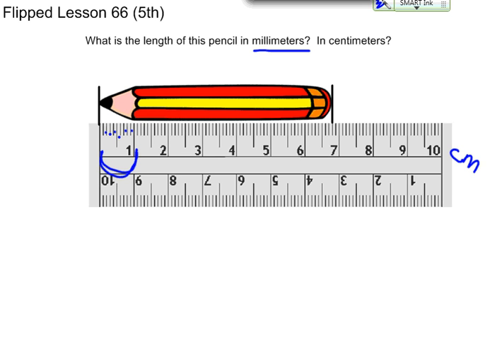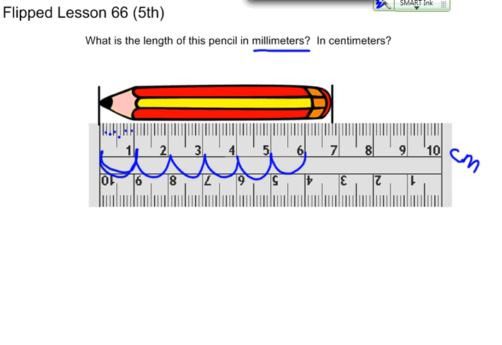So if our question is asking us what is the length of this pencil in millimeters, we would say, okay, I have 10, 20, 30, 40, 50, 60, right? Because each of those are worth 10.